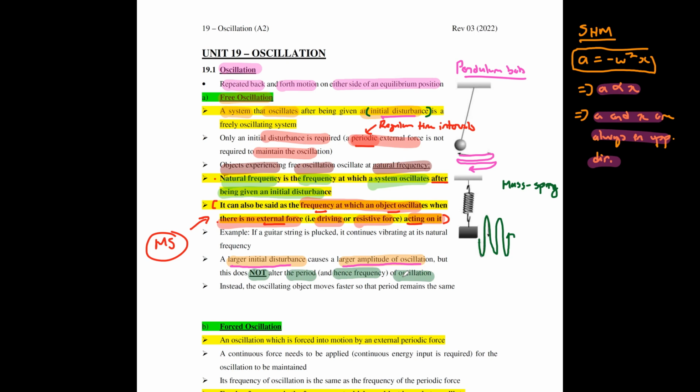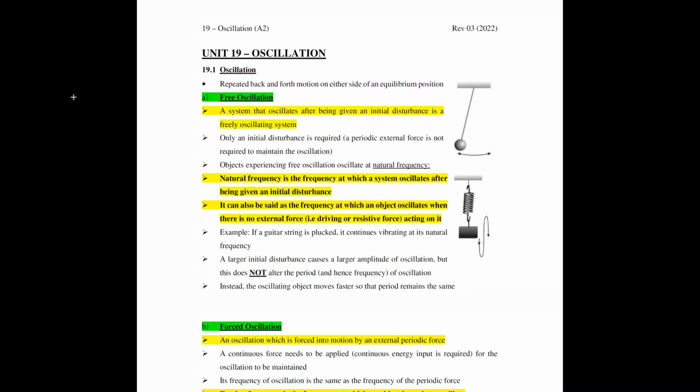Now, what do I actually mean by that is something like this. If I give you two different pendulum bobs, this one is my first pendulum bob. This one, I displace it by 5 centimeter. This is my initial displacement.